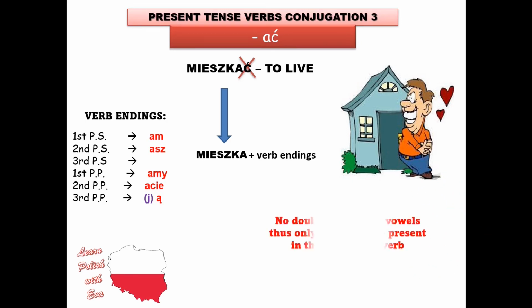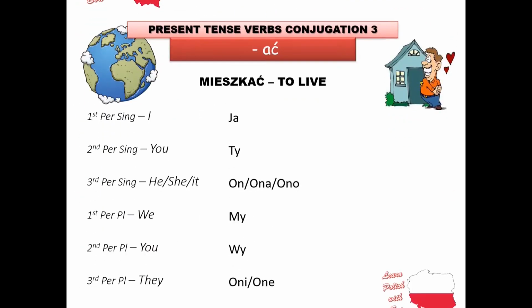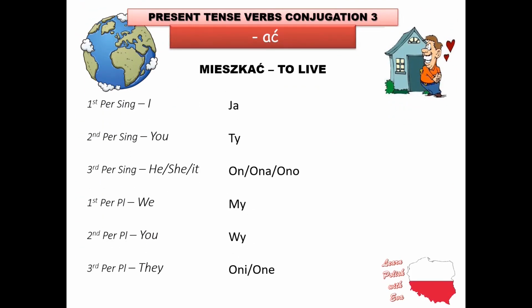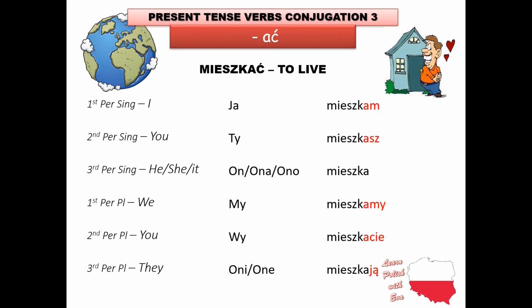And as I've always mentioned, no doubling of the Polish vowels. So it doesn't matter if in your creation of verbs you have two vowels right beside each other. A and A cannot be beside each other. Two of the same vowels cannot be beside each other. So remember that. How will this verb look at the end once we conjugate it according to those rules? Well, that's how it looks.